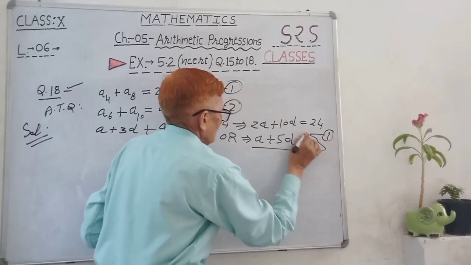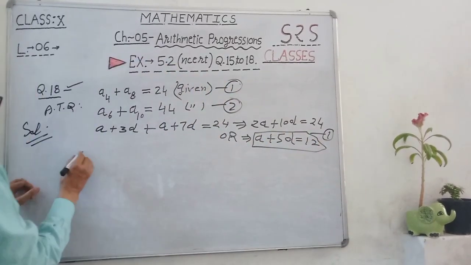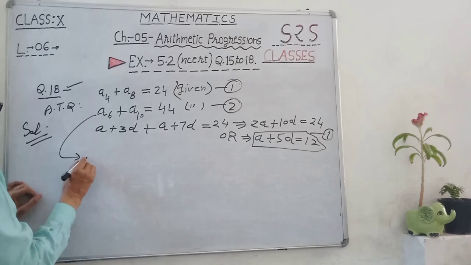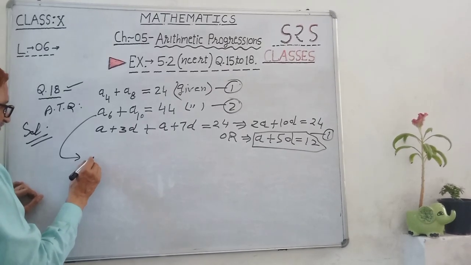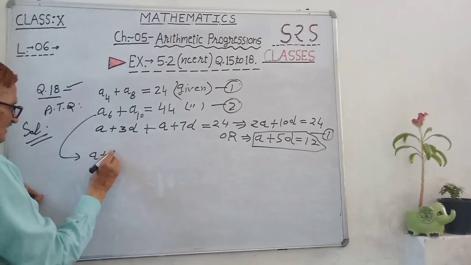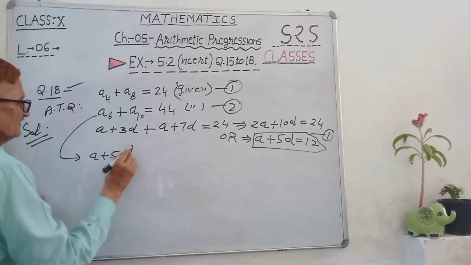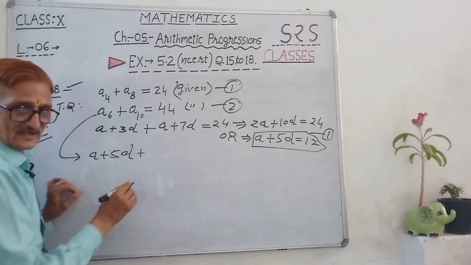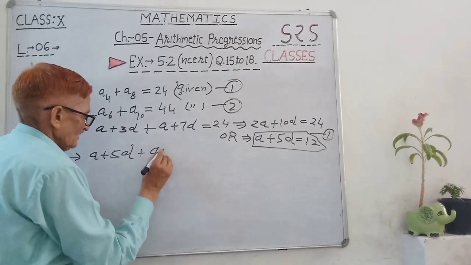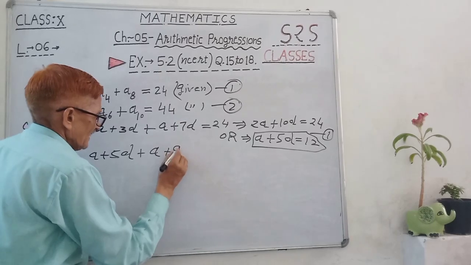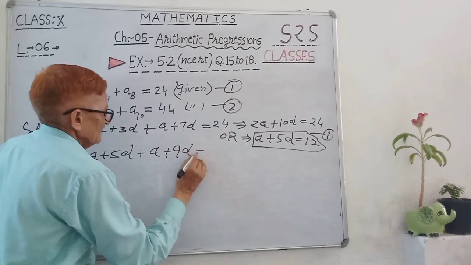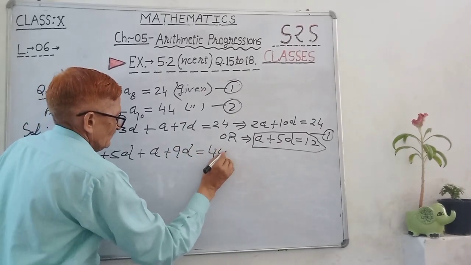Now the second: the 6th term, A plus 5D, plus the 10th term, A plus 9D, is equal to 44.